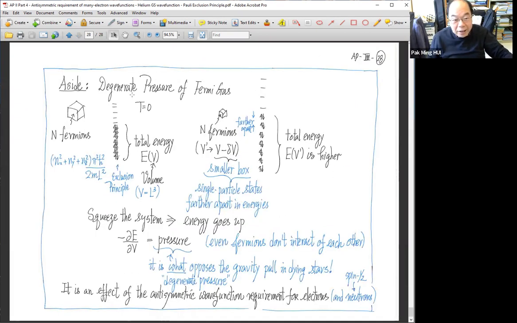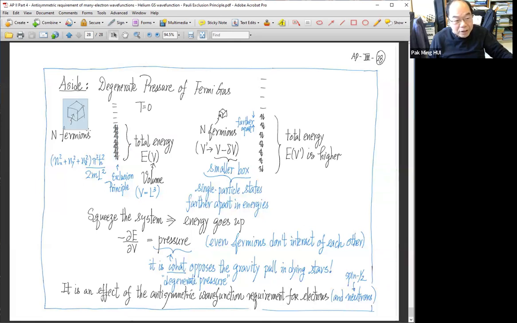You can understand it even without statistical physics, because the zero temperature physics of electrons already carries high energy. So this is zero temperature physics. We have a lot of electrons. They must stack up in energy. All right, so we can add up the energy, and there's a total energy.